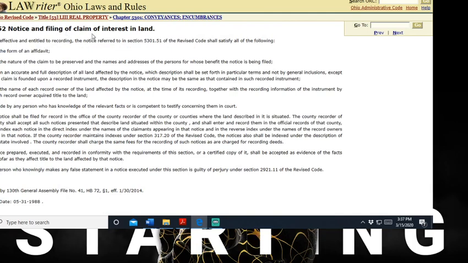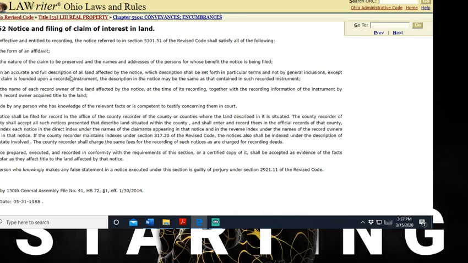Notice of filing a claim of interest in land. So, the same thing. I'm just going to show you when you're thinking about property. Everything is property, and I talk about what is all property. Everything. So, they tell you how to file it. Be in the form of an affidavit, state the nature of the claim to be preserved and the names and addresses of those for whose benefit the notice is being filed.